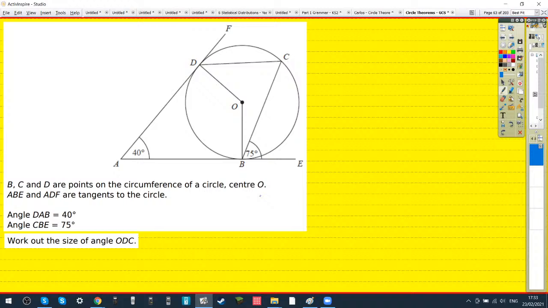So B is 15 degrees. So B is 15, yeah. And D maybe is also 15? I don't think so, because it's not a triangle, so they're not isosceles. Oh, okay.